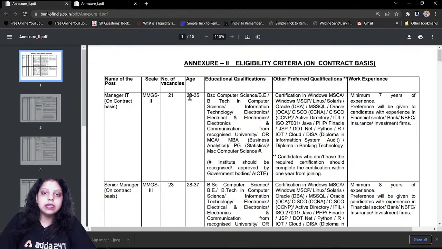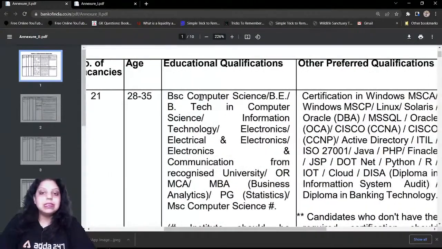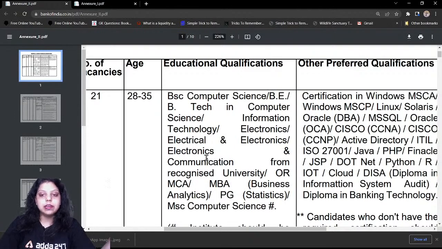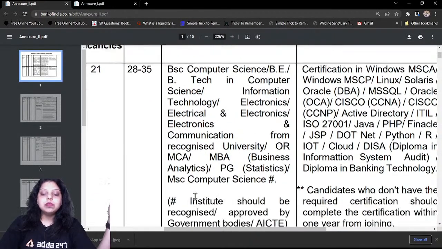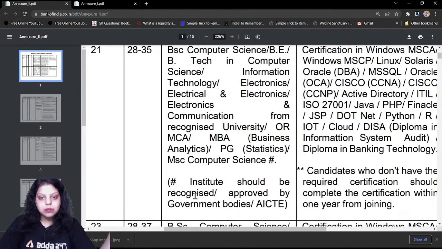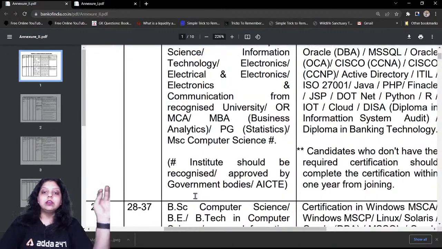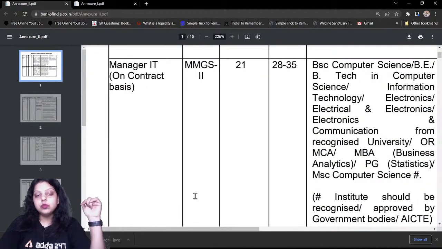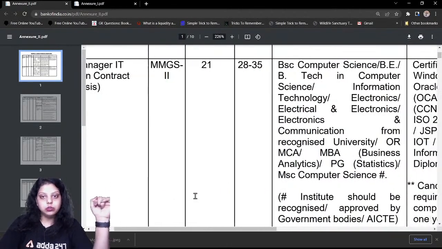The age criteria is 28 to 35. For education qualification, you require BSc Computer Science, or BE, BTech in Computer Science, IT, Electronics, Electrical and Electronics, Electronics and Communication from a recognized university, or MCA, MBA, PG, or MSc Computer Science.